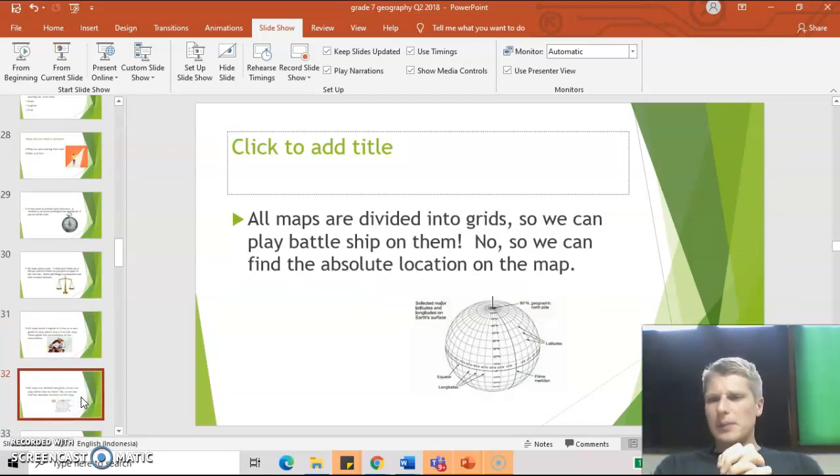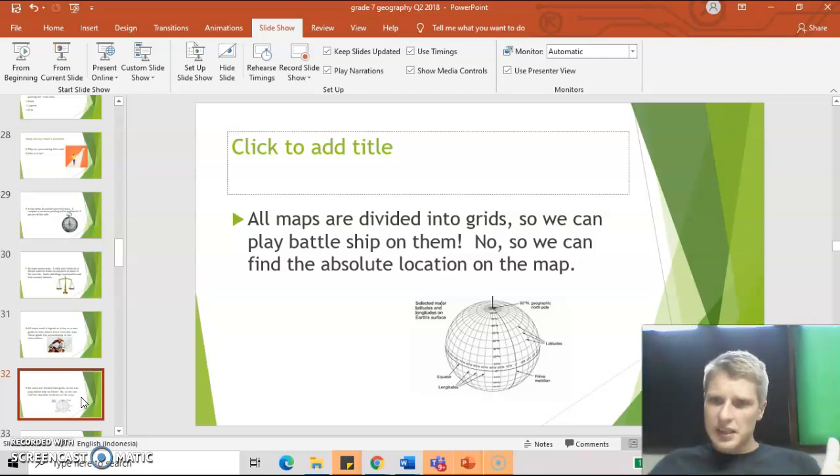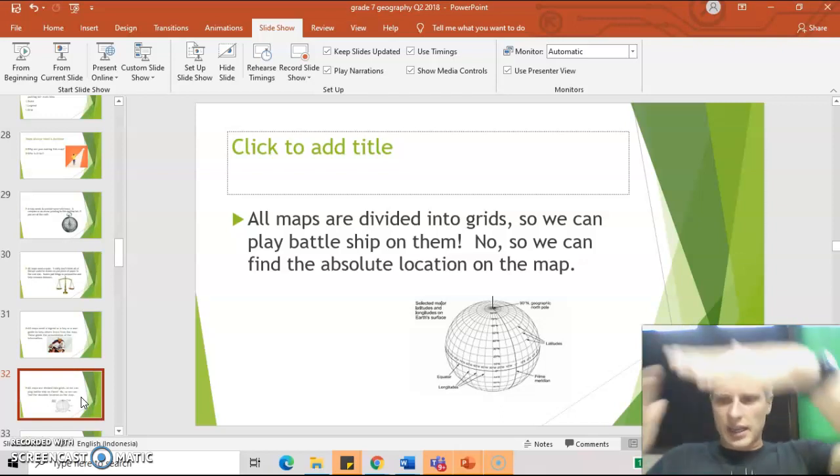Also, every map needs to have a grid. A grid system, okay, the reason why maps need this is because you always need to be able to provide on your map an absolute location. Somebody can pinpoint a spot on the map like playing Battleship. On the globe, we have longitude and latitude, but oftentimes maps will have 1, 2, 3, 4, 5, 6, 7, 8, 9, 10 up the one side, A, B, C, D, E, F, G on the other side, and you connect them to find.